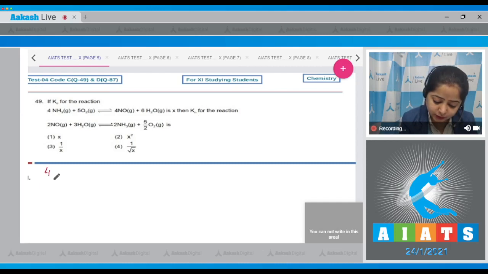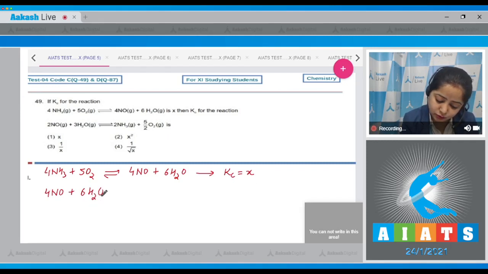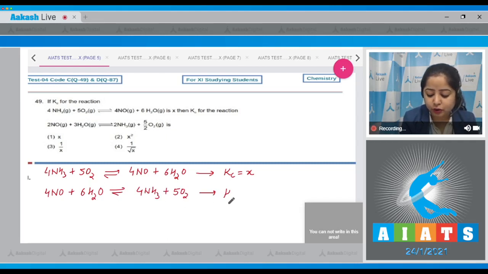We are given the reaction 4NH3 plus 5O2 gives 4NO plus 6H2O. For this reaction, the value of equilibrium constant is X. If the reaction is reversed, the reaction becomes 4NO plus 6H2O gives 4NH3 plus 5O2, then the value of equilibrium constant becomes 1 upon X.